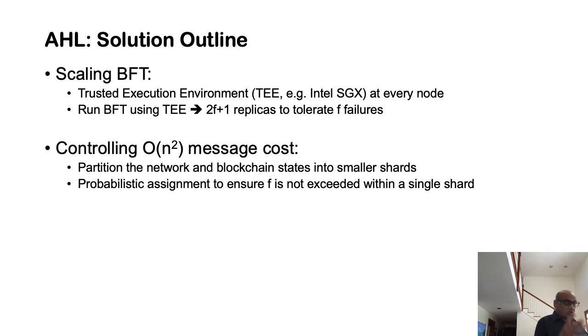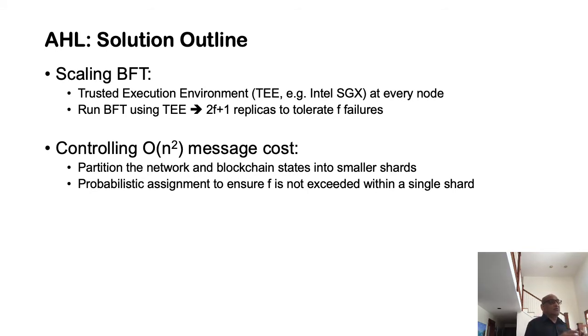So the solution they propose is that we are going to partition the network and the blockchain states into smaller shards. That way the n-squared cost will be confined to the shard level.